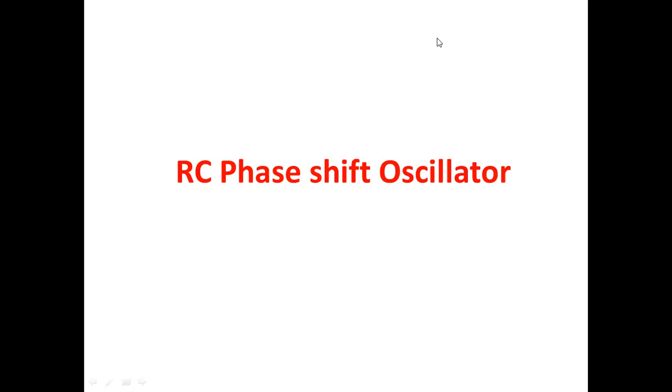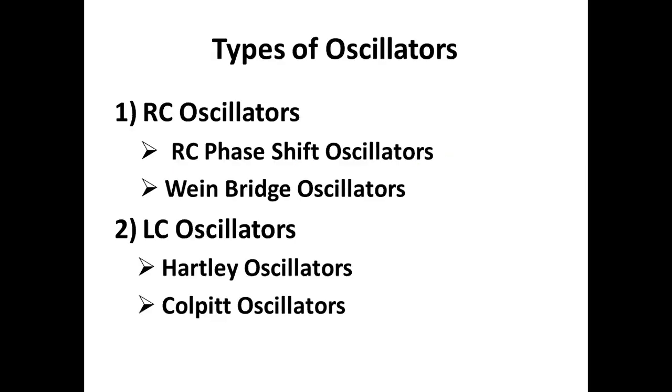But before going to understand the RC phase shift oscillators, let us first understand how oscillators are classified. Basically oscillators are classified into two types, that is RC oscillators and LC oscillators. This classification is based on the components used in the oscillator circuit. RC oscillators, as the name indicates, use resistors and capacitors.